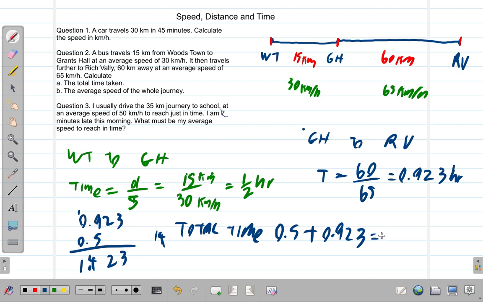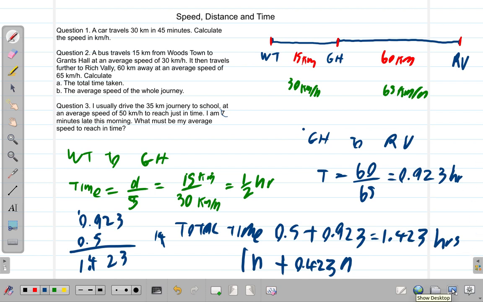So it's 1.423 hours. Now, that's 1.423 hours. But in everyday life, you don't usually say it like that. So what we do is say we have 1 hour plus 0.423 hours.